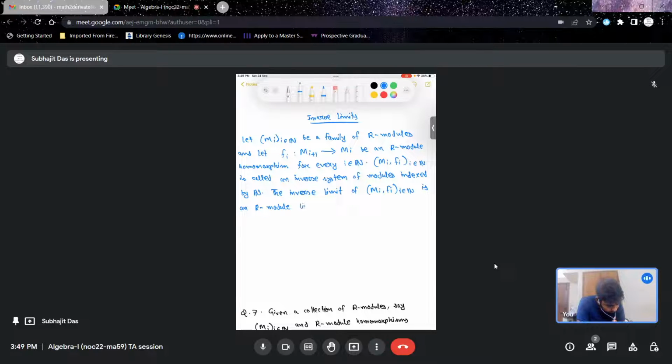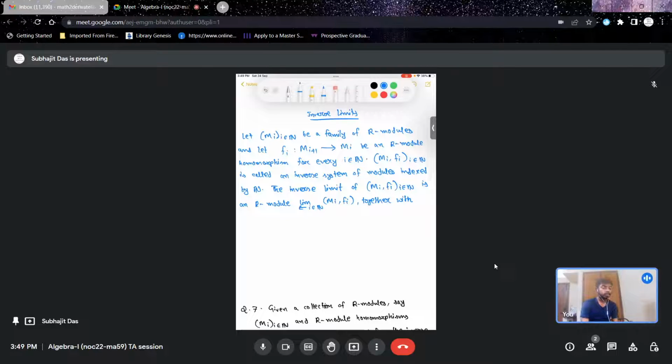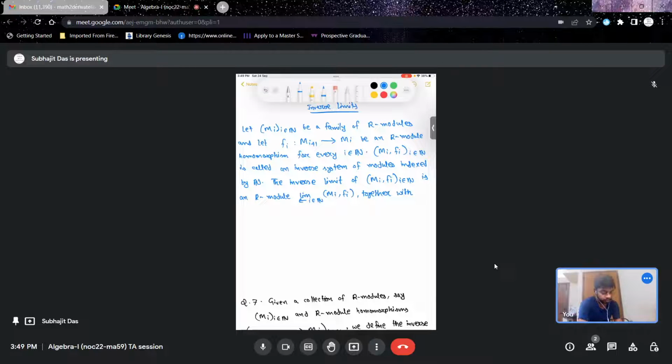The notation we use here is: this is an R module together with R module homomorphisms from the limit of (Mi, Fi), i in n, into each Mi.